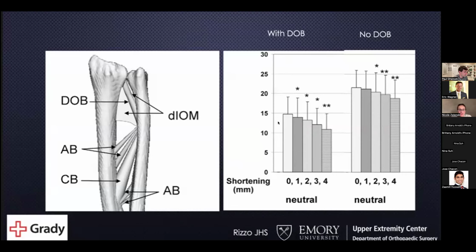And his study went on to show that if you shorten the ulna, you get progressively more stability if you have a DOB, but not necessarily if you don't have it. So the presence of this structure, which I think is absent in about 30% of people, confers great stability to the DRUJ if you have it.